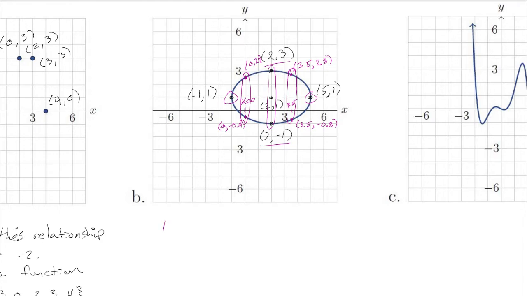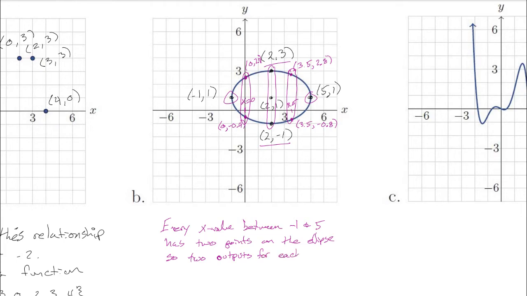So every x value between negative 1 and 5 has 2 points on the ellipse, so 2 outputs for each of these inputs.